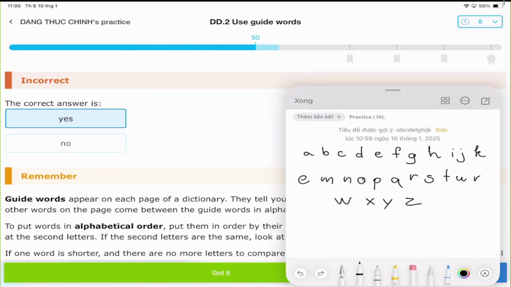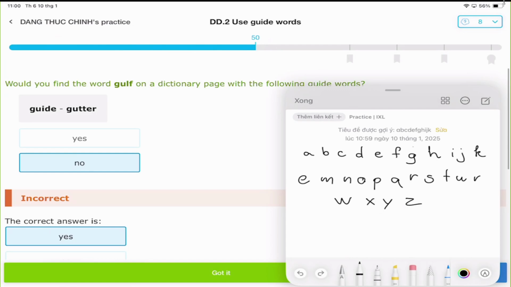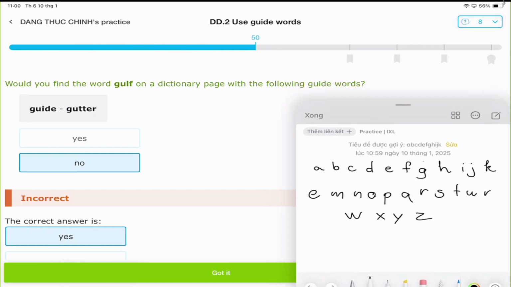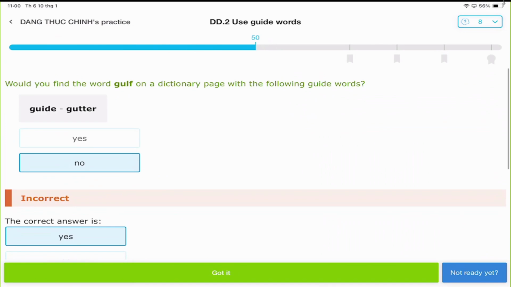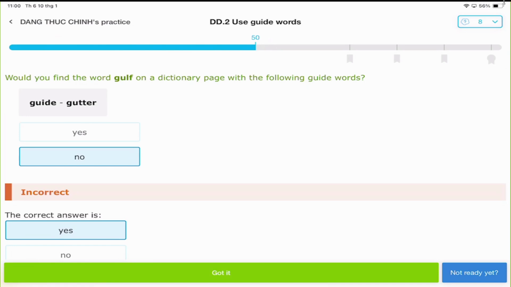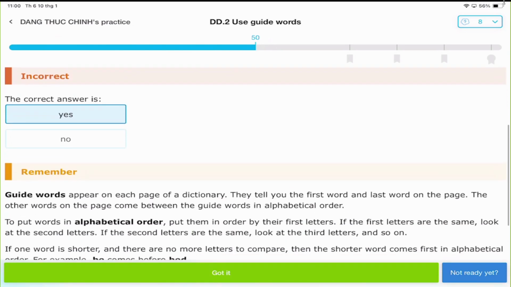Wait, golf. Oh, I forgot. I'm so sorry. I accidentally looked at the second word. I didn't notice that the first two letters were the same, and I was looking at the second word.